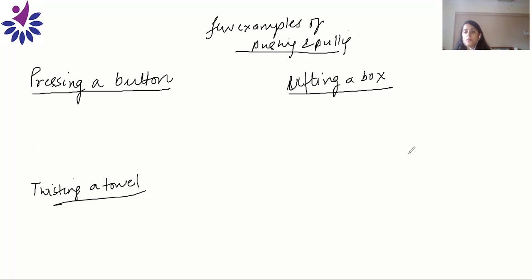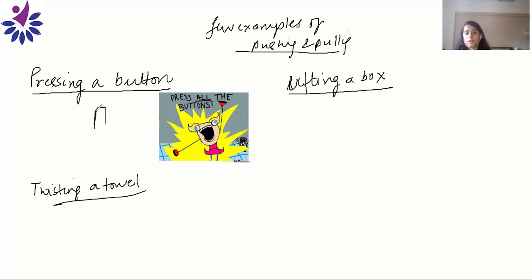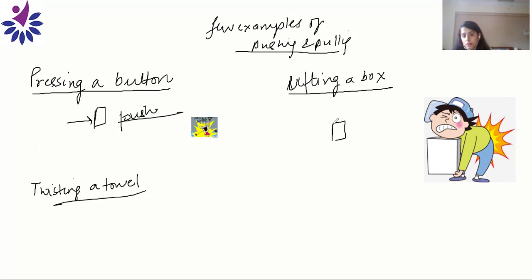So let's start. When you press a button, what happens? You push. That's true. When you lift up a box, then what happens? You are pulling. Just note the direction of the arrow also.